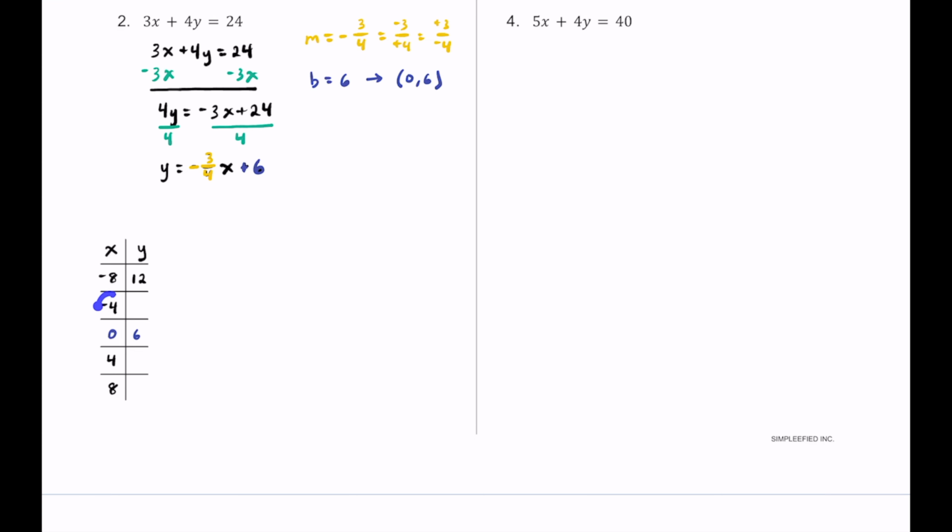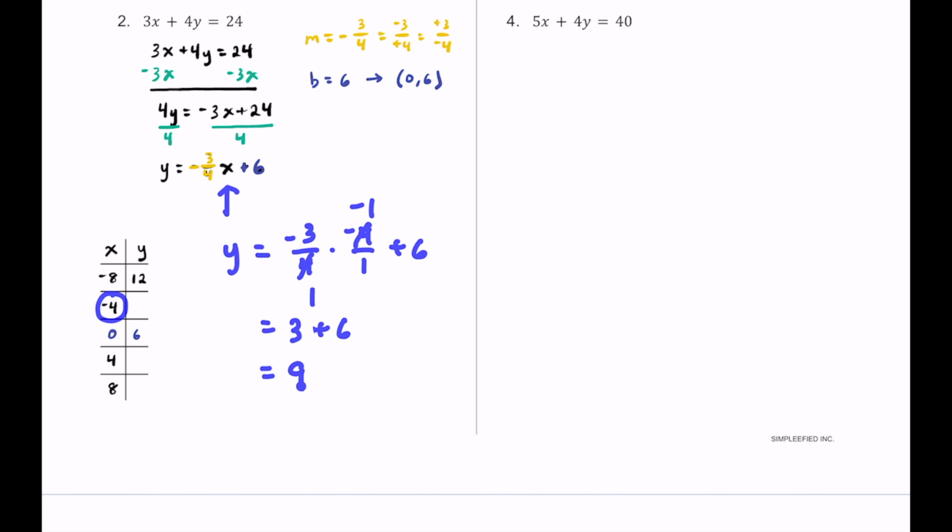Now when x is equal to negative 4, let's substitute that in where x is and solve for y. So y is equal to negative 3/4 multiplied by negative 4 over 1, and we're going to add 6. These 4s can cross cancel, we're left with a negative 1. Negative 3 times negative 1 is going to be positive 3, and positive 3 plus 6 is equal to positive 9.